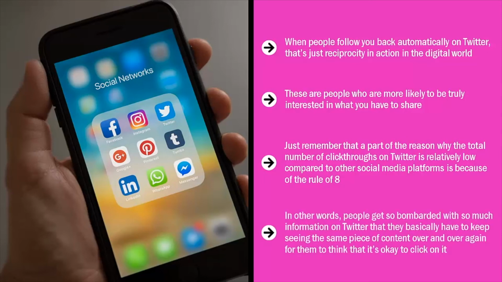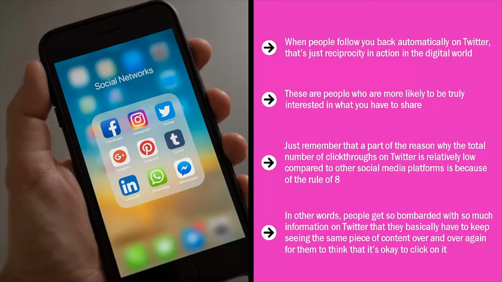In other words, people get so bombarded with so much information on Twitter that they basically have to keep seeing the same piece of content over and over again for them to think that it's okay to click on it. In their minds, sheer familiarity means that somehow the content is somewhat trustworthy to take a chance on that content.